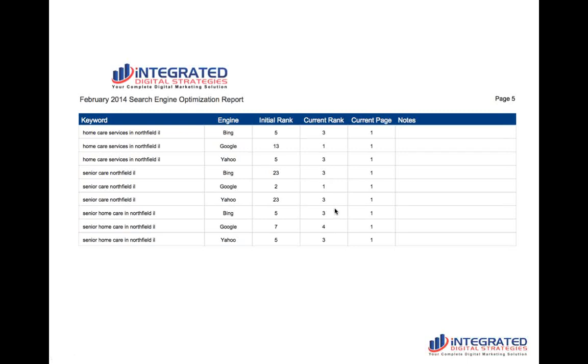But keep in mind, Google controls the search engine results page. And so we do all of our techniques to really get you ranked, but we can't guarantee a #1 position. What we're doing is guaranteeing that we're doing all of our work to get you in that best position, and that over time you'll start to see great progress in your rankings. So we are going to make sure that you see your initial rank and where you rank today for the keywords that we're going after.